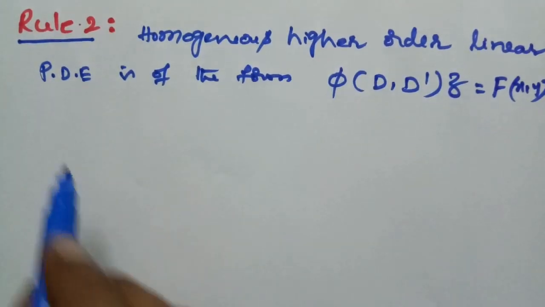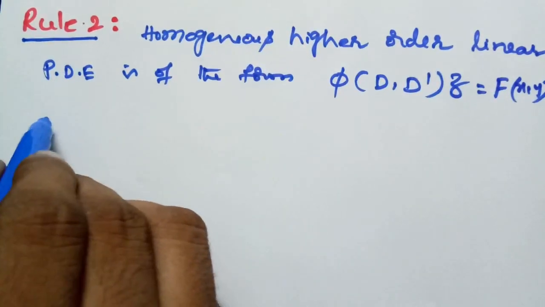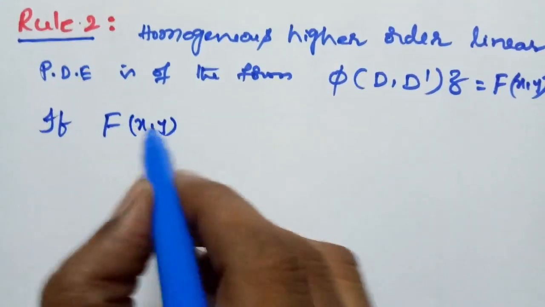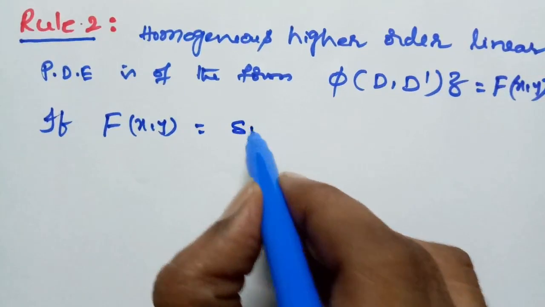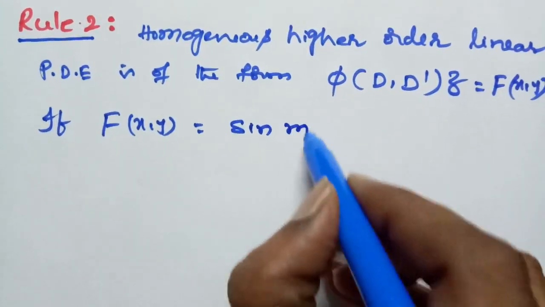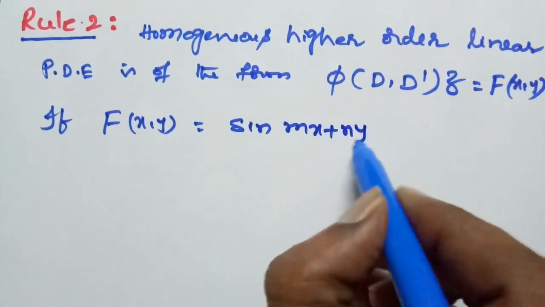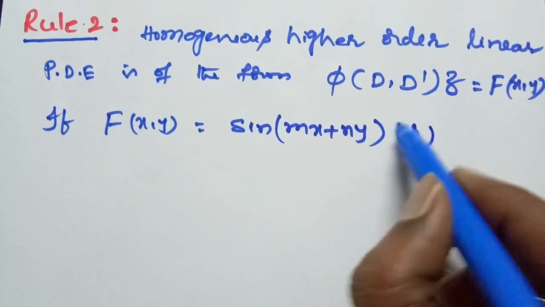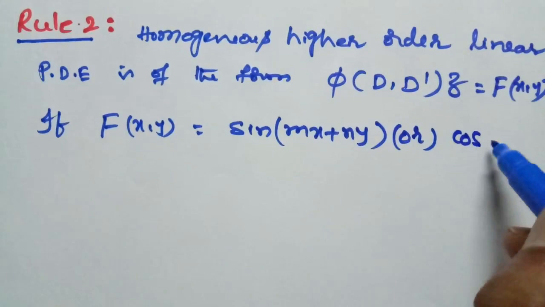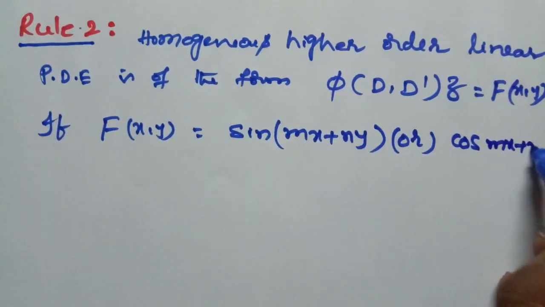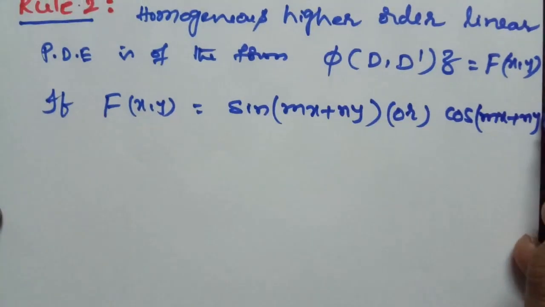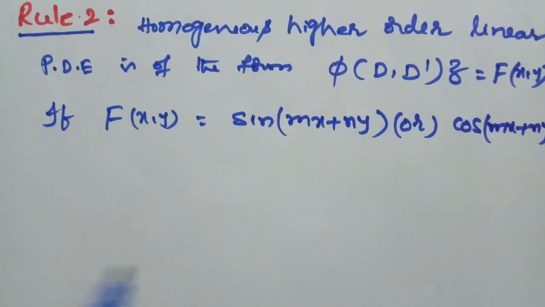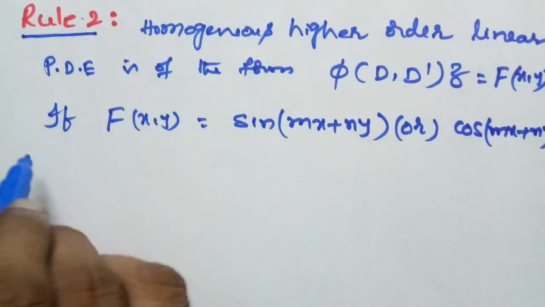Now rule 2, if f of x comma y is equal to sin mx plus ny or cos mx plus ny, either sin mx plus ny or cos mx plus ny, the rule is the same.